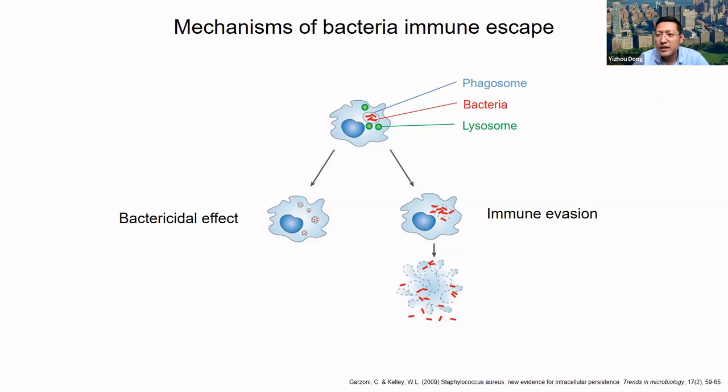But some drug-resistant bacteria figure out some approach to secrete proteins or toxins, and they can escape from those organelles and then further proliferate and infect other cells. So we are thinking maybe we can enhance the antimicrobial activity in the macrophage lysosome, and then we can block the immune invasion of those drug-resistant bacteria and eventually eliminate them.